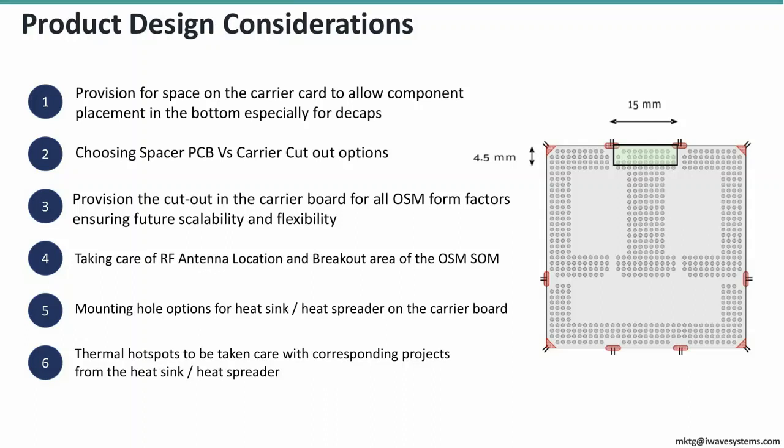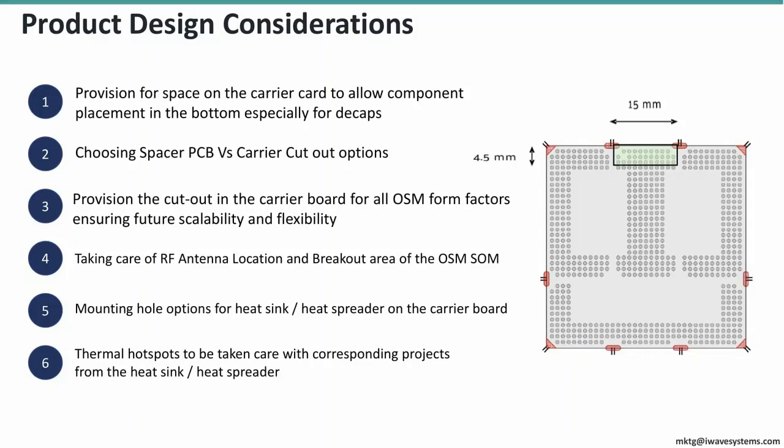when you provide the cutout in the carrier board, we would propose you provide for all the OSM form factors. If your carrier board is not for very size-constrained applications, even though you may develop the 0 size or the smaller size or medium size, we would suggest including the pinout all the way to the large.